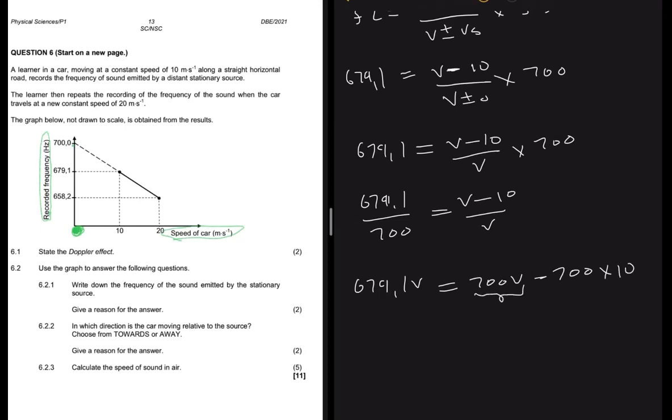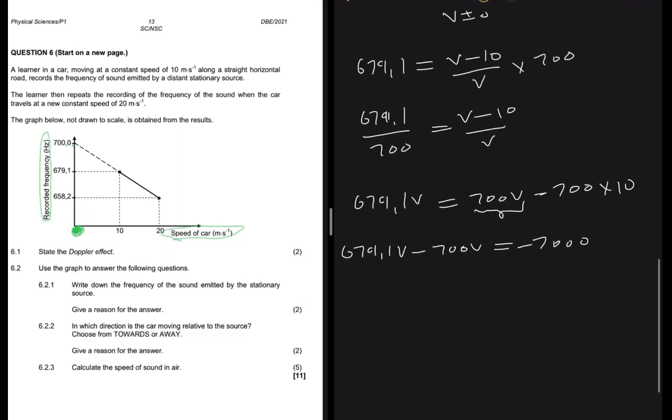Take this value here to the left hand side. I get 679.1 V minus 700 V equals minus 7,000, right? Yeah, there we have it.